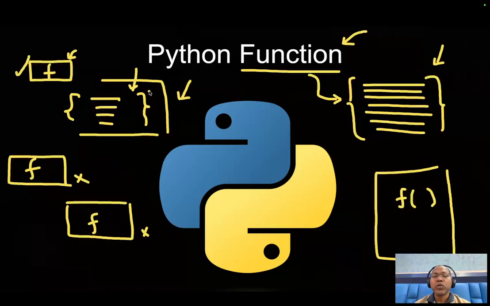So you can say code reusability. Instead of writing the same code in multiple places, which is very hard to manage in the future, functions avoid code duplication. You don't write the same code in multiple places.